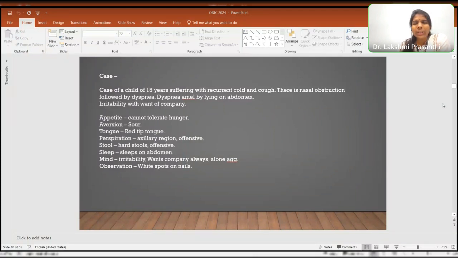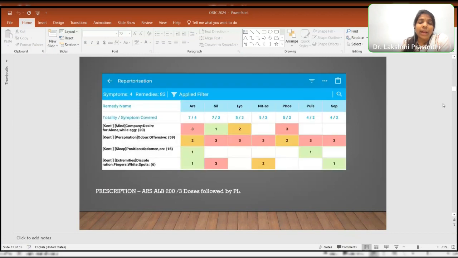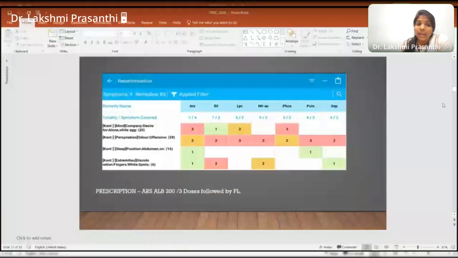So these were only the basic symptoms which could be collected from the patient. On repertorizing, I used Kent repertory and I used the rubrics company desire for while alone aggravation, perspiration offensive odor, sleep position abdomen on, extremities discoloration finger white spots.